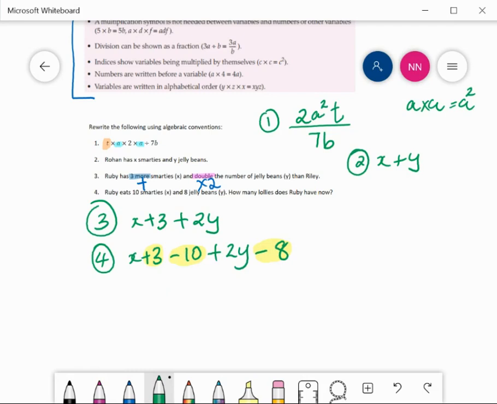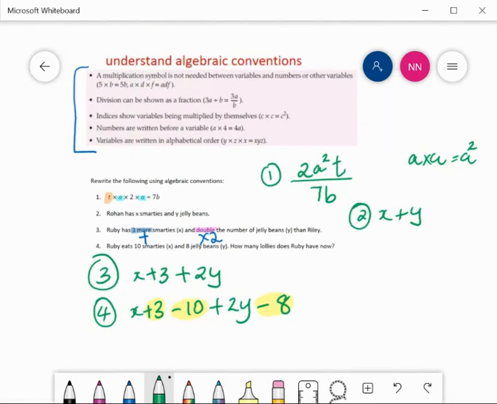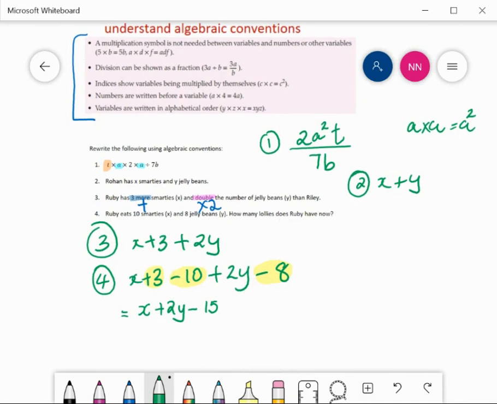We have x as it is, and 3 take away 10 becomes negative 7, and take away 8 becomes negative 15. So let's write out our constant right at the end, and bring our plus 2y before them. So if we rewrite that by simplifying, we get x plus 2y take away 15.